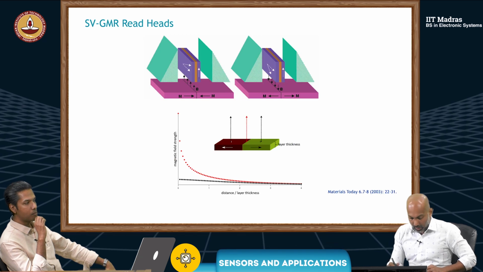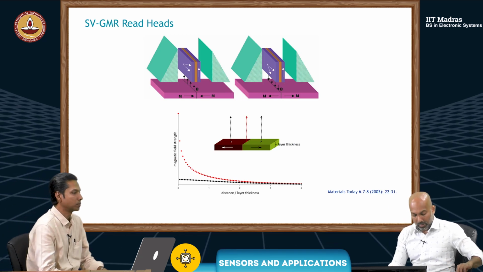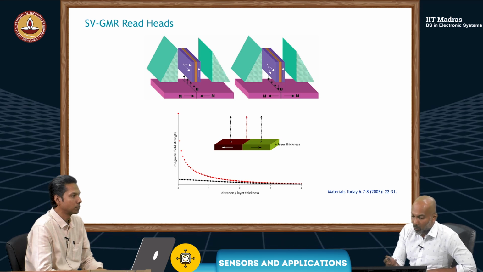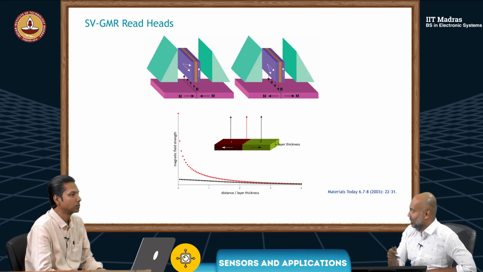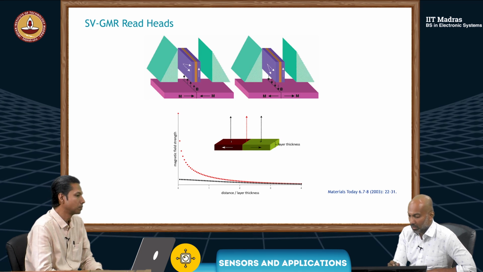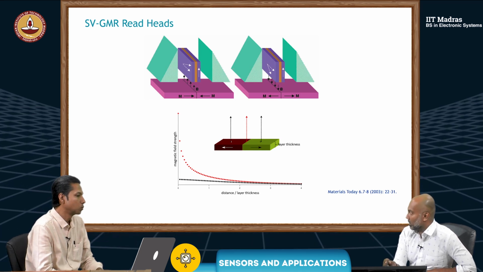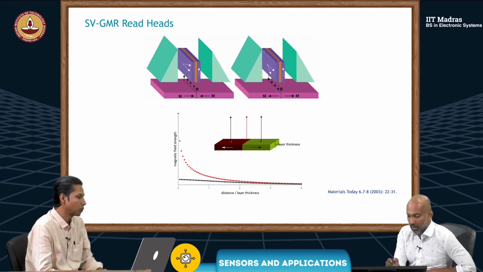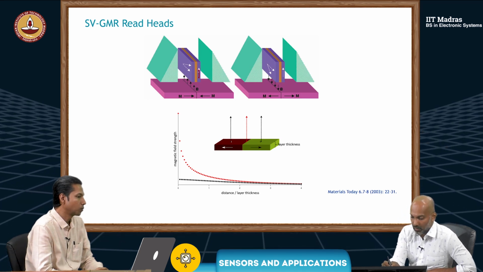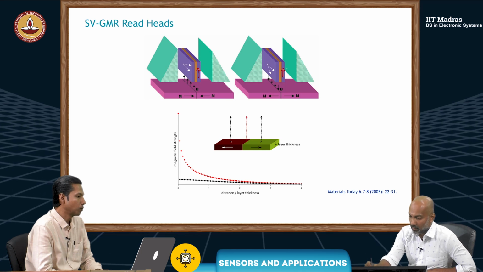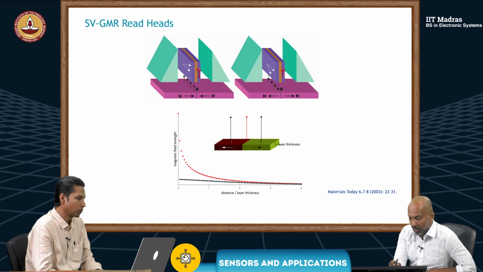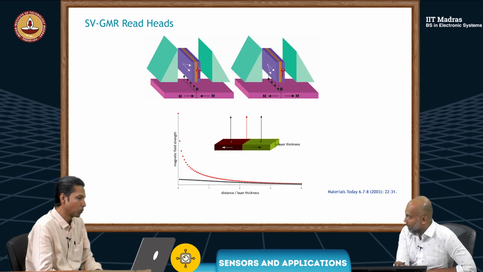So just to show the students how the layer moves according to this. If you have magnetization in this direction, that direction, these are your magnetic shields, and this is your spin valve sensor. This is your fixed direction. Now let's say your field is at the transition point, the field is up, and this is your free layer initially.